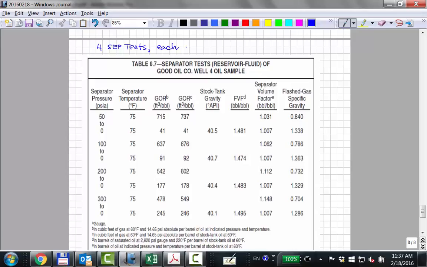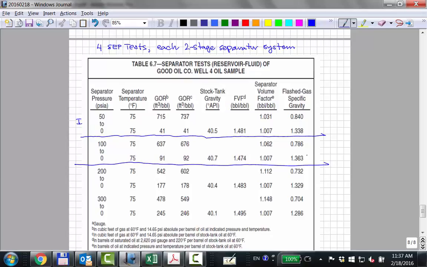Each is a 2-stage separator system. Means there's just 2 stages. Separator pressure and temperature 1. So these should actually be broken apart. This is separator test 1. Separator test 2. And separator tests 3 and 4.